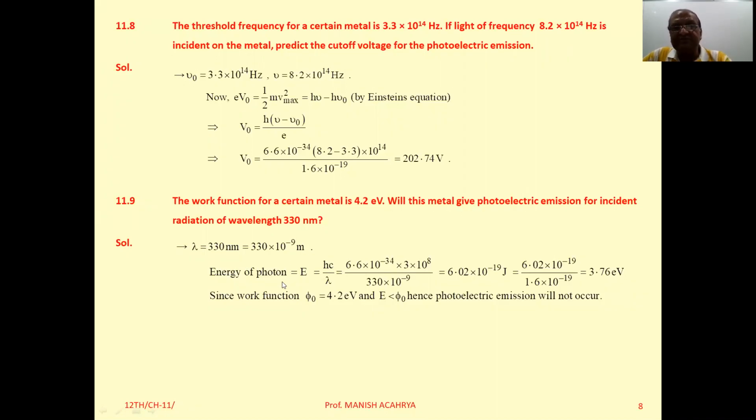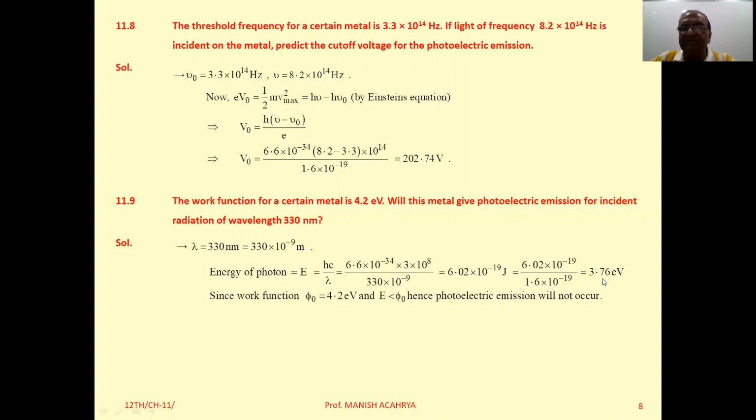Energy of photons in this radiation is hc upon lambda. Substitute the value of h, c upon lambda, 330 × 10^-9. You will get the answer 6.02 × 10^-19 joule. Then divide it by 1.6 × 10^-19.